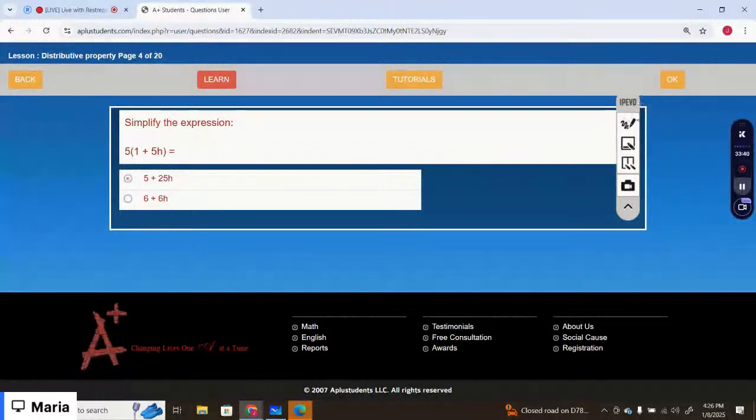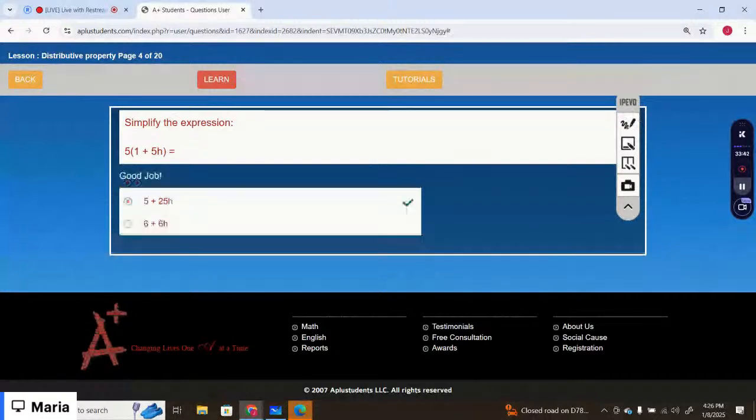That is 5 plus 25h. Option number 1 is the correct option.